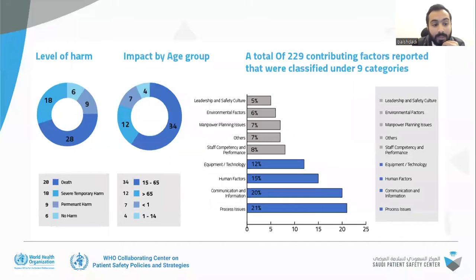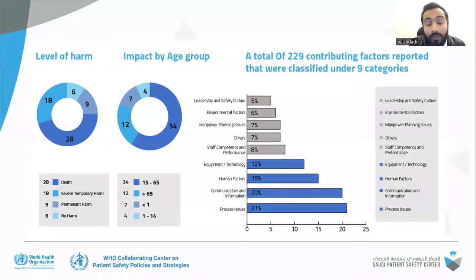Next, please. If we look at last year, I will be happy to share with you some of the sentinel event reports from the Saudi Patient Safety Center, and we can see that there were 229 contributing factors that were reported and classified under 9 categories.